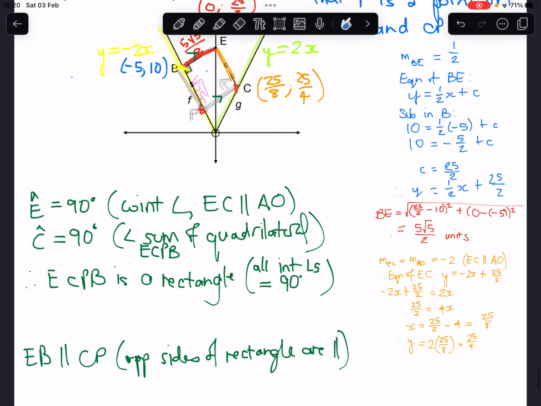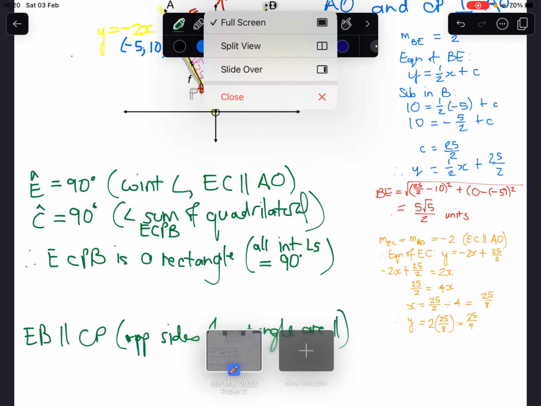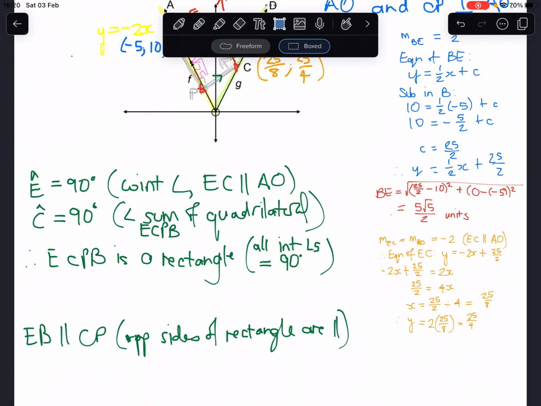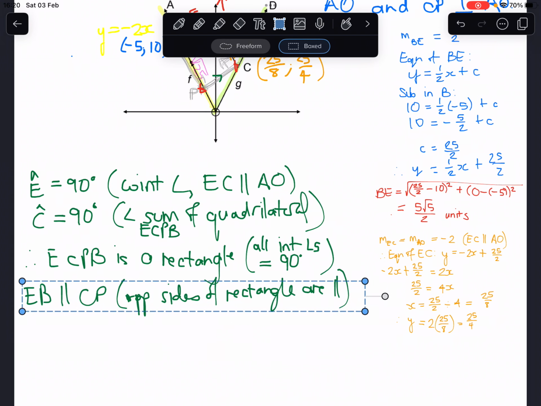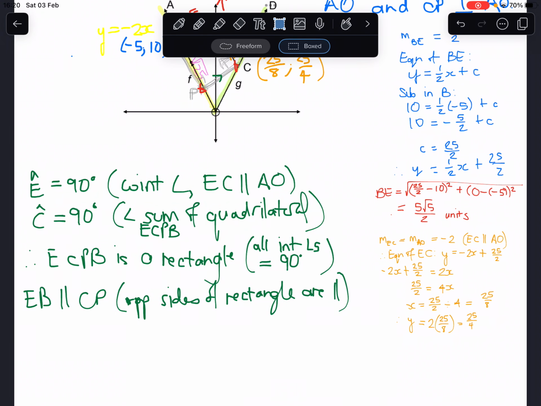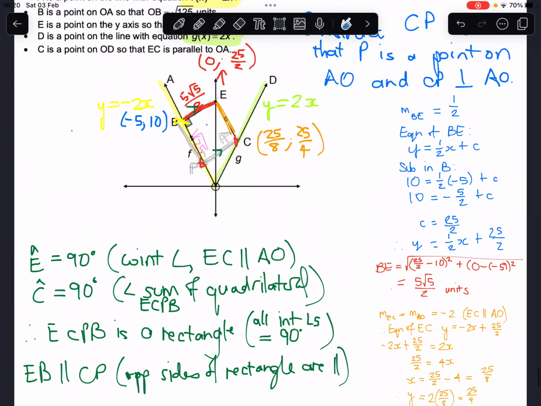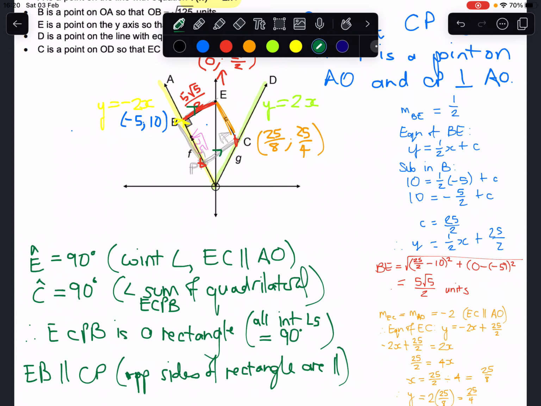And so now we can continue with our reasoning. We therefore know that EB and CP are parallel. Awesome. We know the equation of EC, and we don't know the equation of EB.